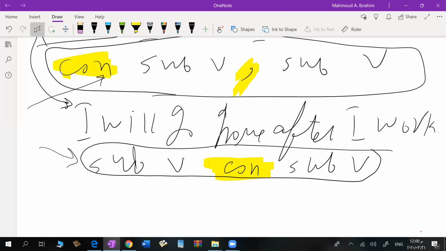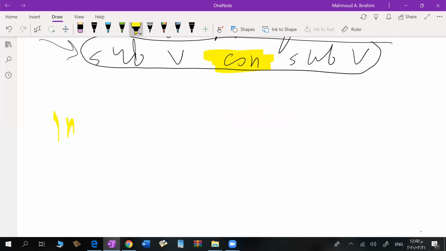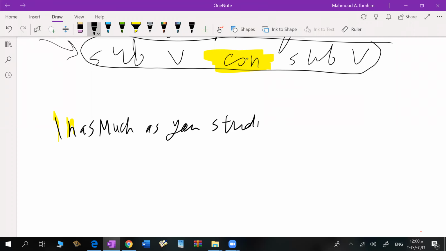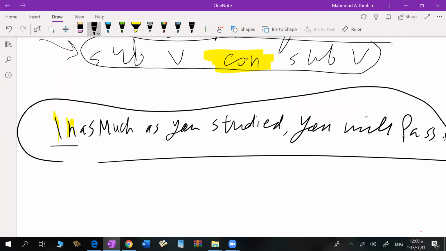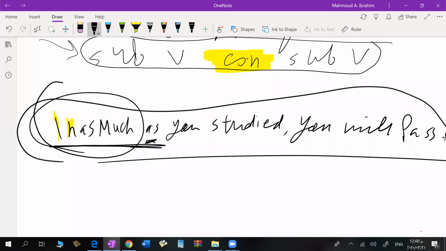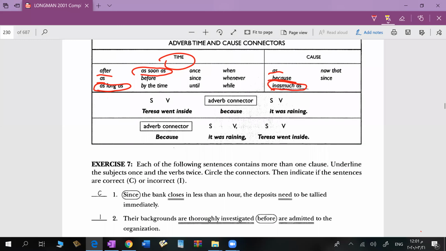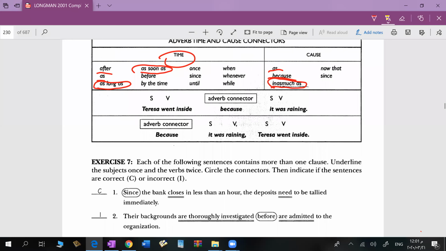I can say, for example, in as much as you studied, you will pass. Because you studied, you will pass. Okay. In as much, one word, no space, and as is the other word. Now that's a good connector, again, it's hardly ever used by Arabs.